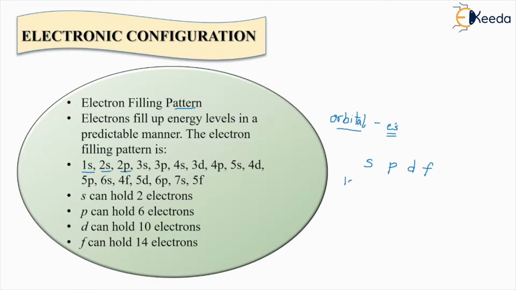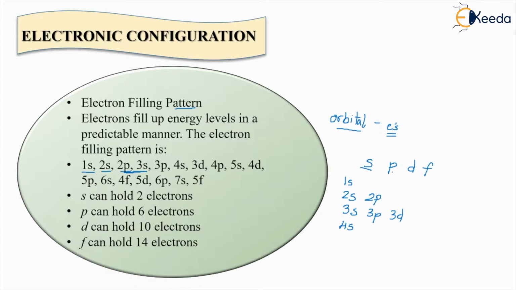So it is something like 1s, 2s, 2p. I'm simply copying this part over here. 3s, 3p. After 3s, 3p I have 4s. And then I have a 3d. Why?